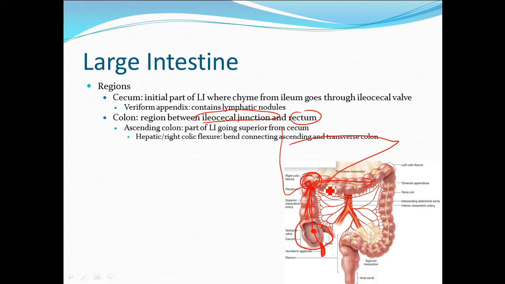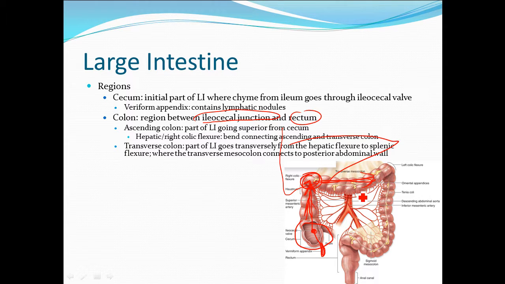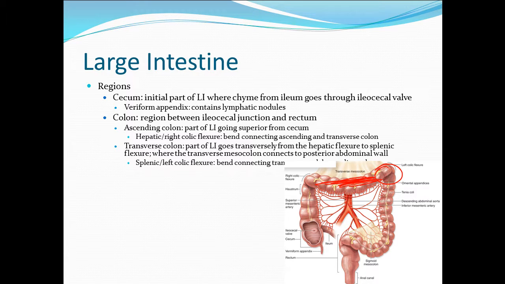Okay, and then you have the transverse colon here, going horizontally. Here's the transverse colon. And then it comes here at this corner over here. And this corner is going to be called the left colic flexure, also known as the splenic flexure, because the spleen is located around here.